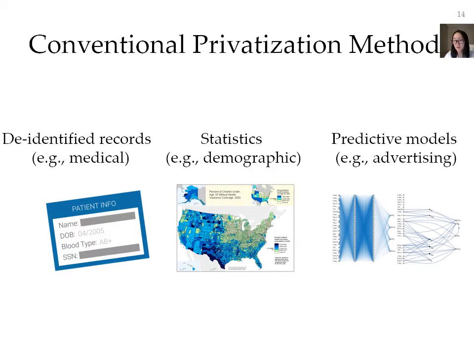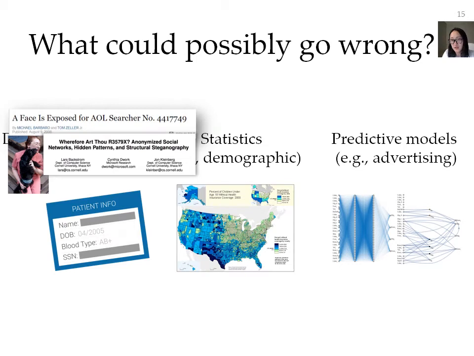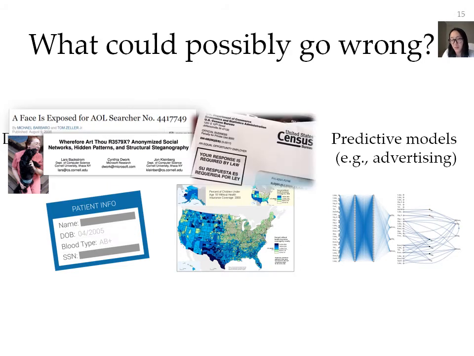However, existing work has demonstrated privacy vulnerabilities in all these approaches. Simple anonymization does not protect the sensitive information, as an adversary can re-identify individuals based on external sources easily. Only releasing statistics does not work either.